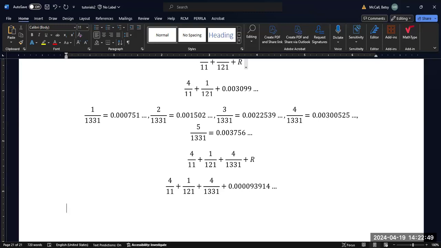And I'm going to figure out what the next power of 11 is. So 11 to the 4th is going to be 14,641.